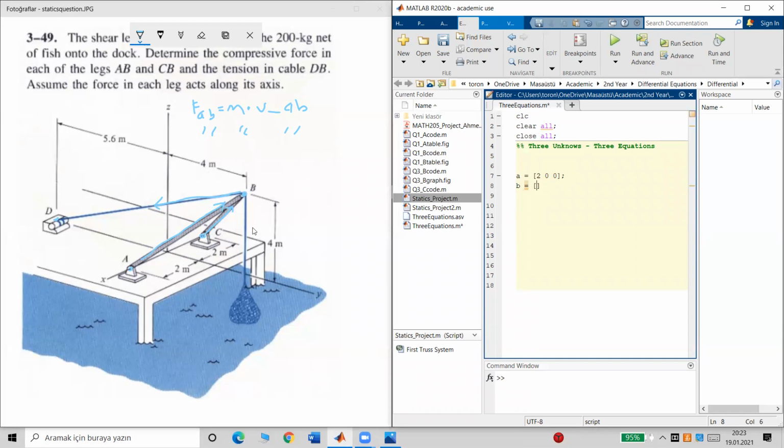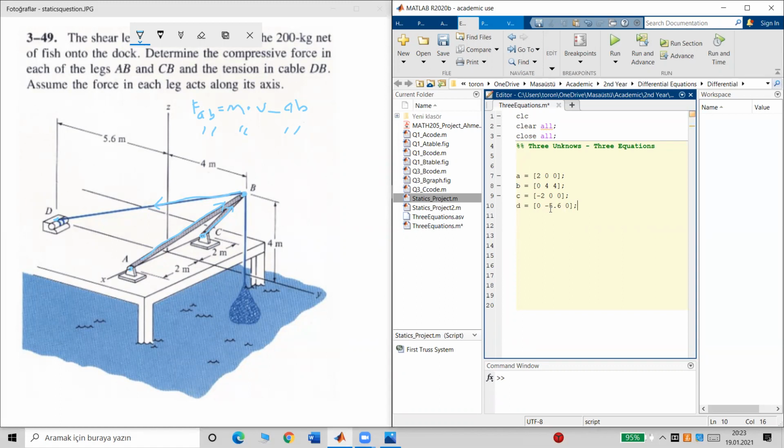Point B is equal to 0, 4, 4. Point C is equal to minus 2, 0, 0. And the last one, point D, is equal to 0, minus 5.6, 0. We have defined the points.